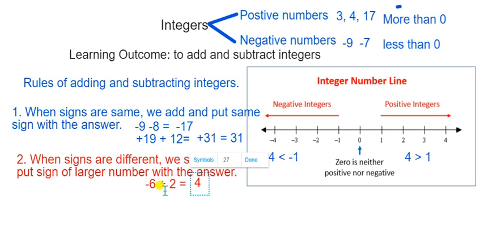Number 6 is larger. No doubt -6 is far lesser in value as compared to +2, but here we are not considering the value. We will just have a look at the number which is larger. 6 is larger, so the sign with 6 is minus. Therefore, minus will come with the answer. Our answer would be -4.